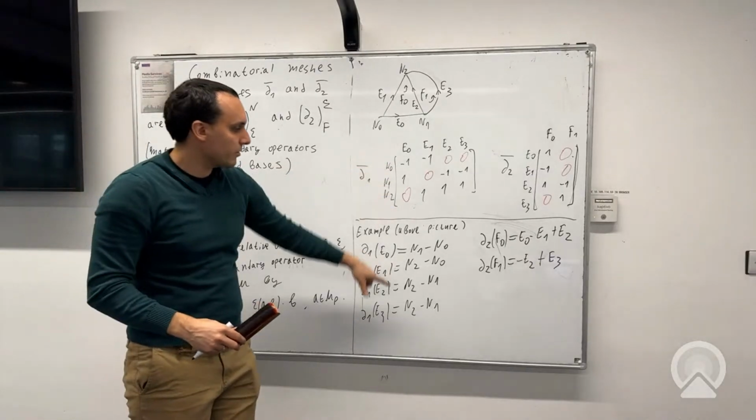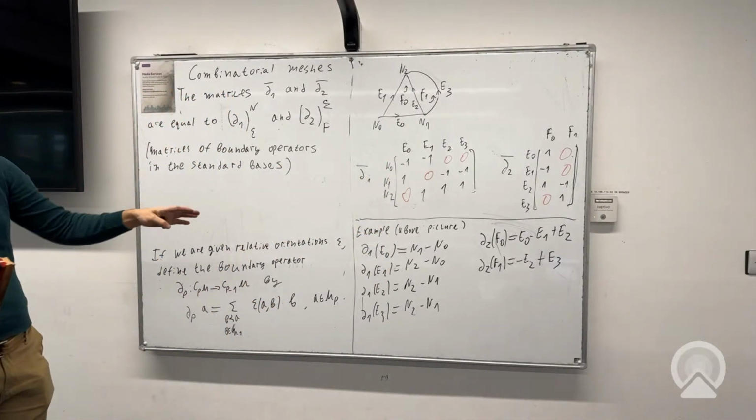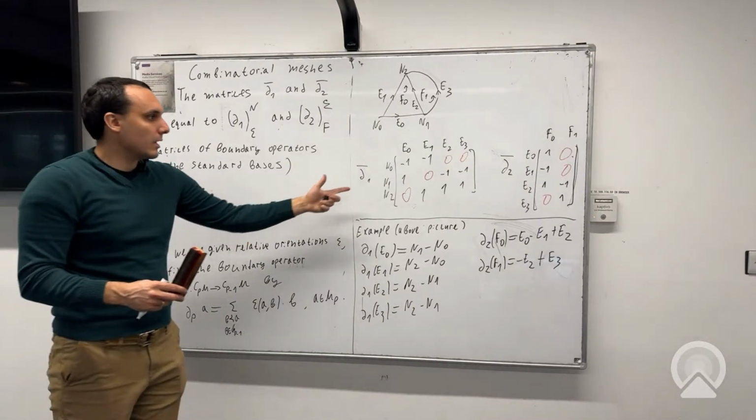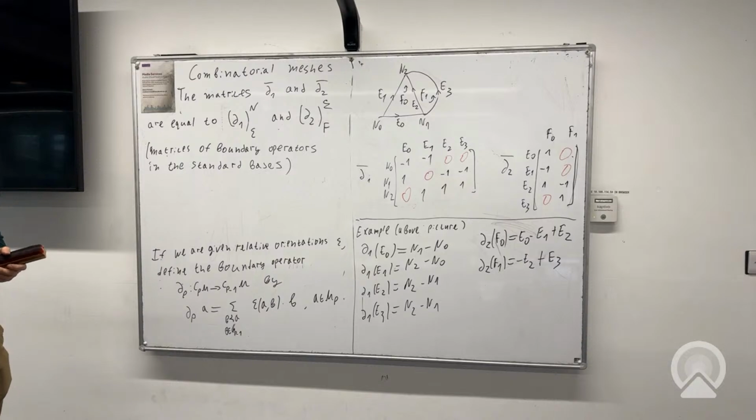So these are just the coefficients. They're defined by the relative orientation. So the relative orientations give the matrices of the boundary operators.